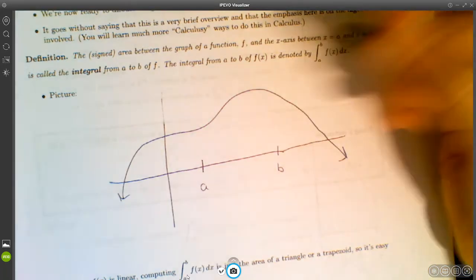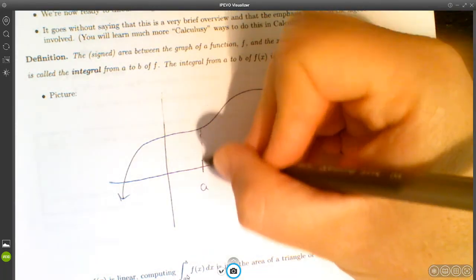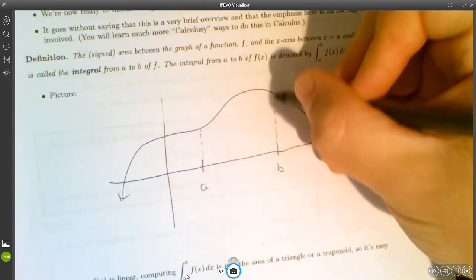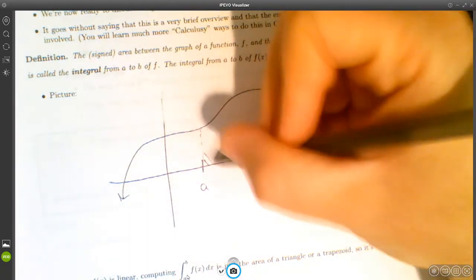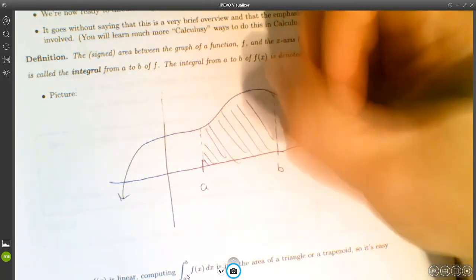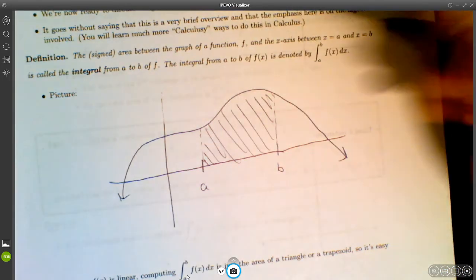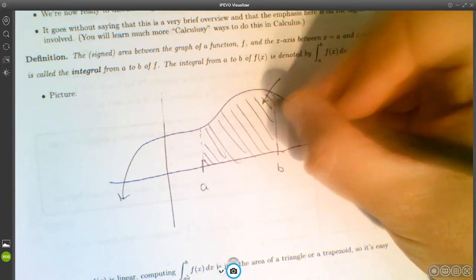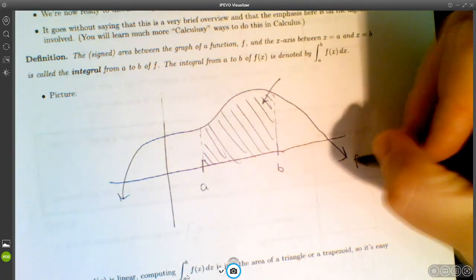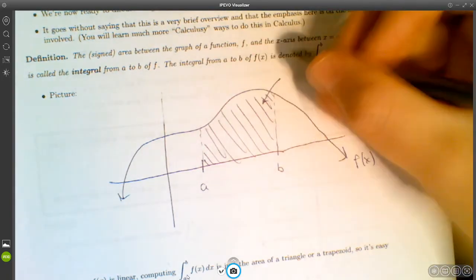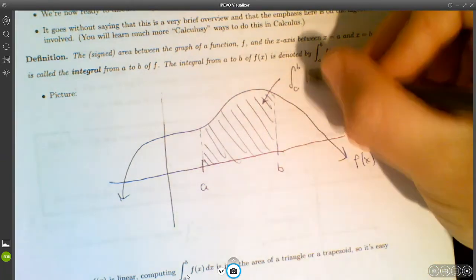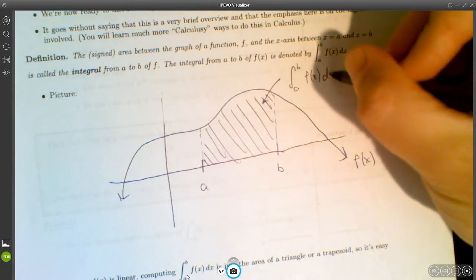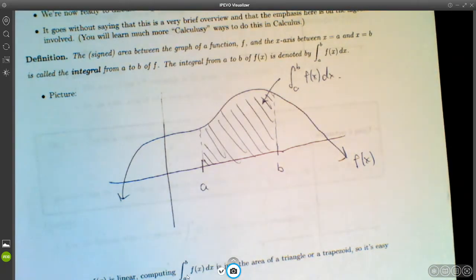If you were interested in finding the area between this curve and the x-axis, so if you were interested in finding that area right there, and if this thing is f of x, then this area is the integral from a to b of f of x dx. That's that integral.